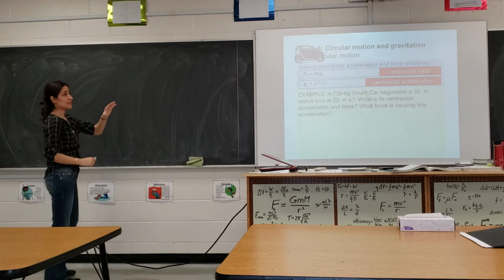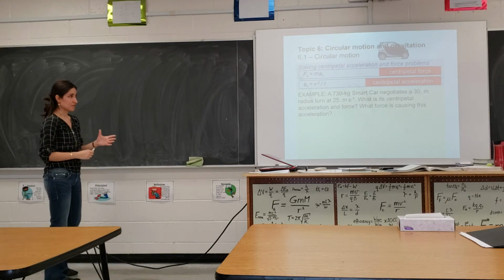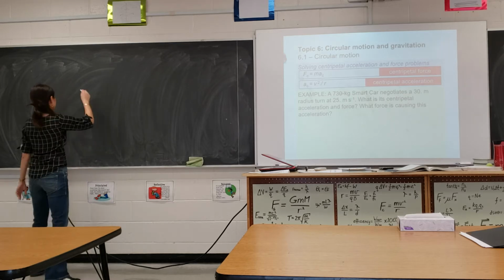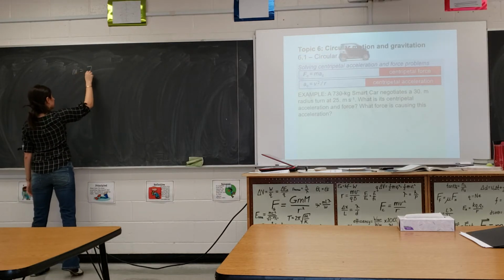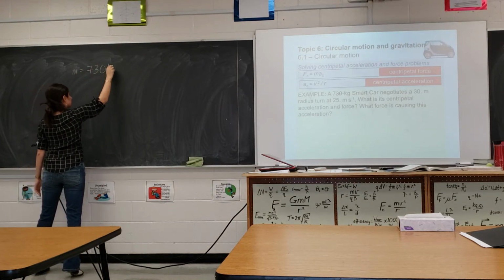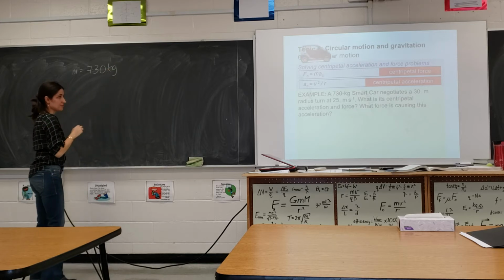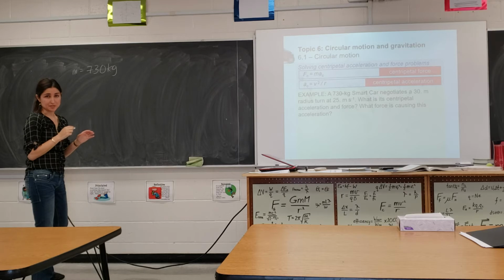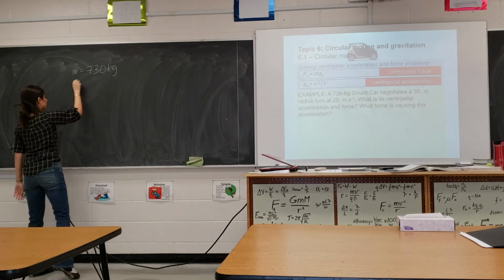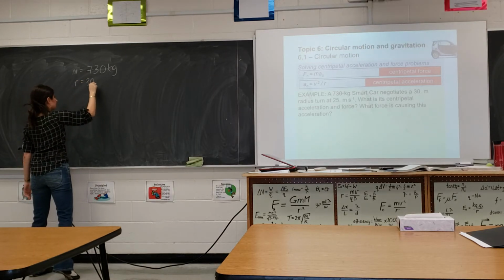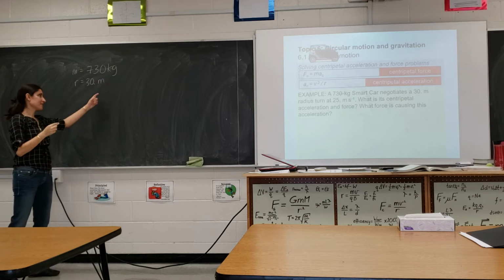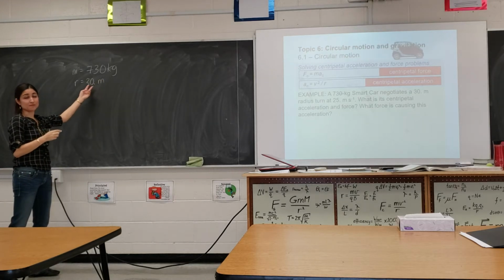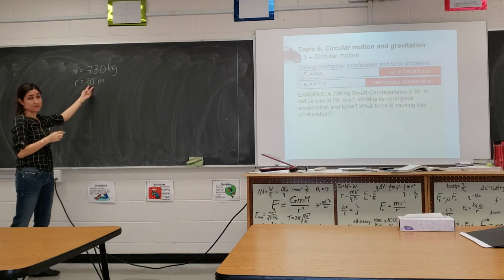So we have a 730 kilogram smart car. That's the mass. The turn has a radius of 30 meters, so that's r. Remember, the fact that there's a decimal there means we have 2 sig figs in our value for r.